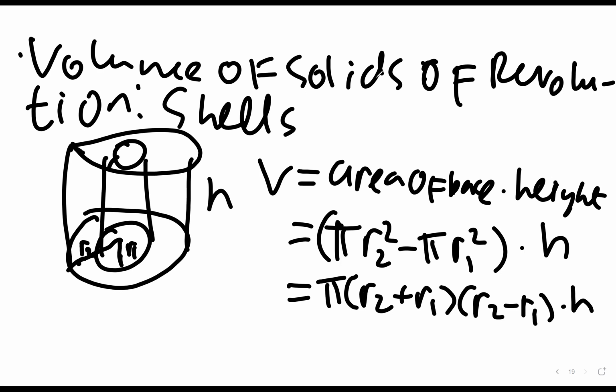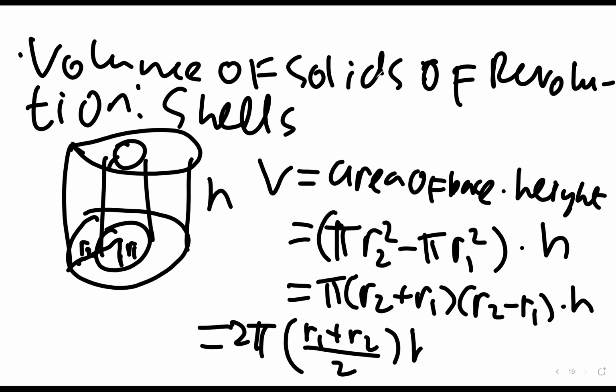And then you can regroup this. I will put 2 pi there, and the reason will be clear later on. I will continue with h multiplied by (R2 minus R1). Of course, I put R2 minus R1 there because it denotes the thickness of the slice here.